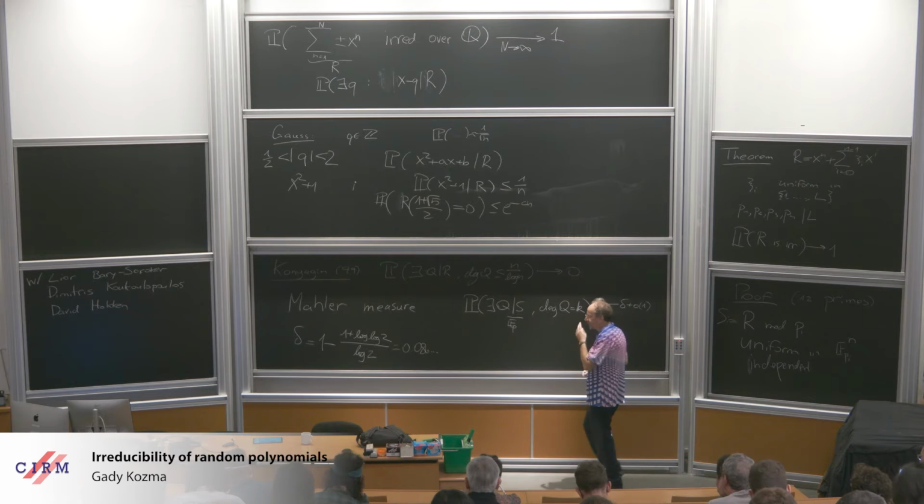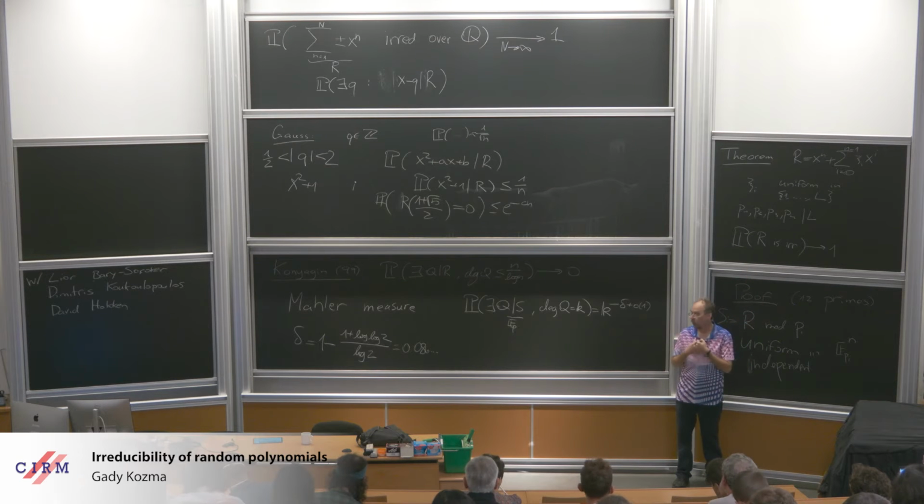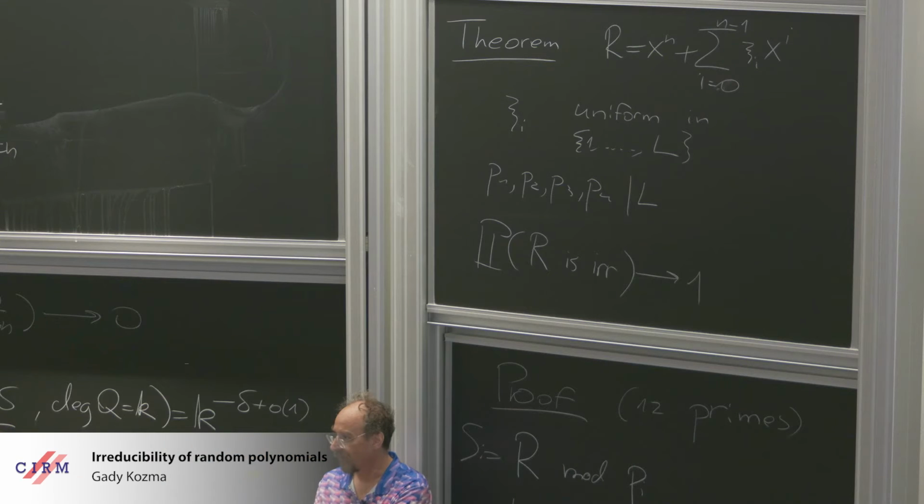So, what is the probability that R has a divisor of degree exactly k? This means if R has a divisor of degree exactly k, then this divisor should go through all moduli.